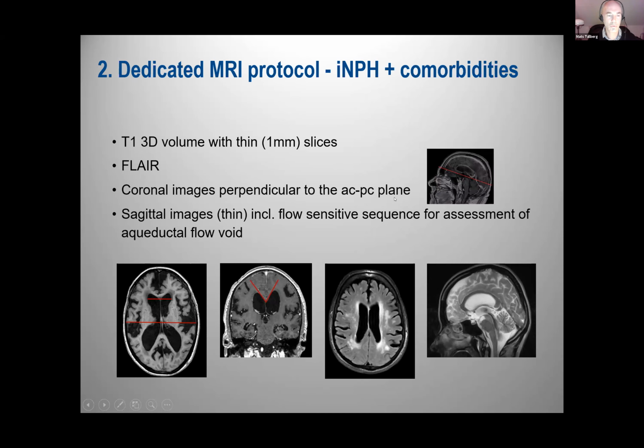And it is also important to assess flow void in the aqueduct. According to my opinion, the most important use of that today is to confirm that this is a communicating hydrocephalus we are dealing with, and not, for instance, an idiopathic aqueductal stenosis.